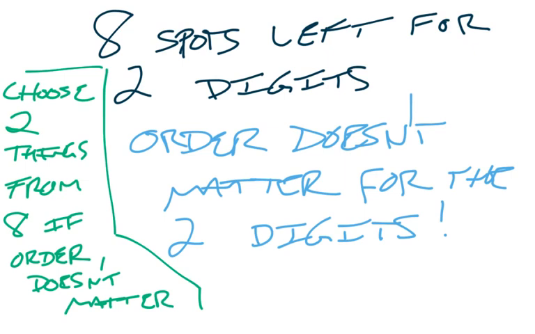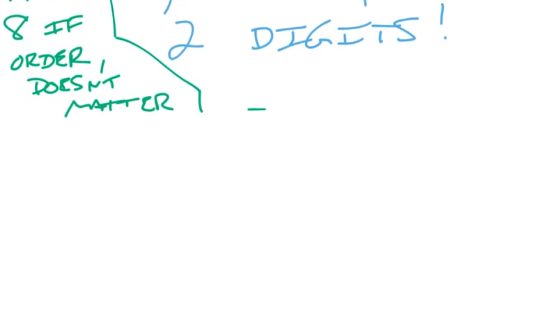Okay, so we want to choose 2 things from 8 if the order in which they're chosen doesn't matter. The actual order of the digits doesn't matter. Either way you choose the order of the digits will not affect the format of the password. And this is something that we answered, or started to talk about anyway, in the last video.